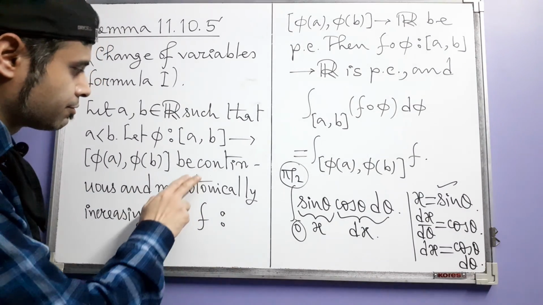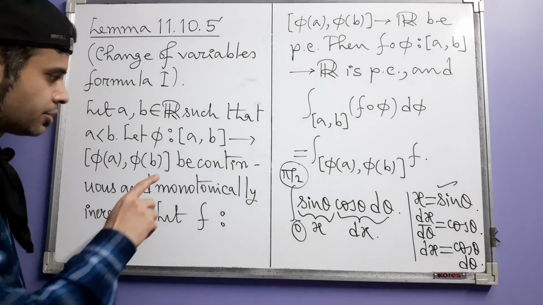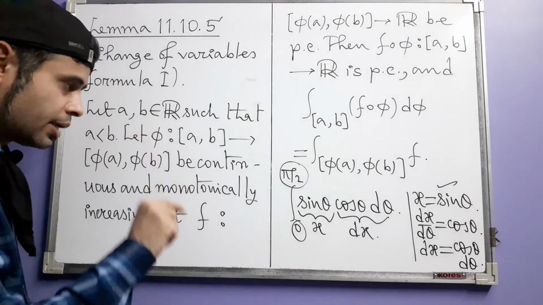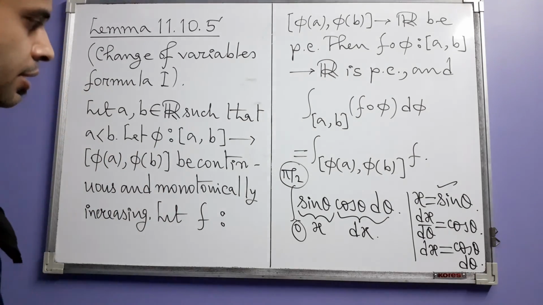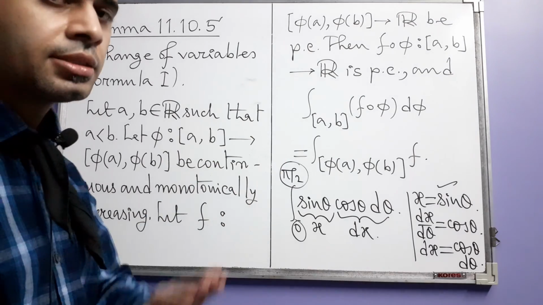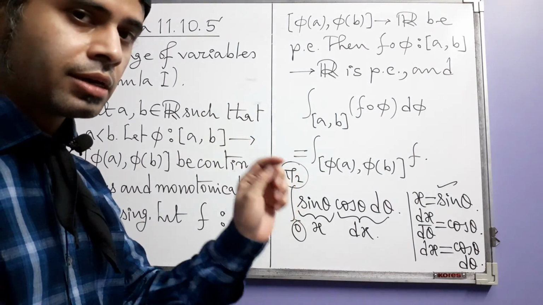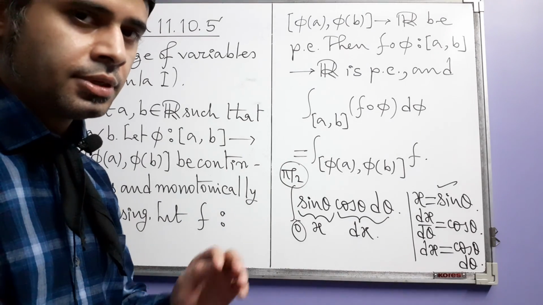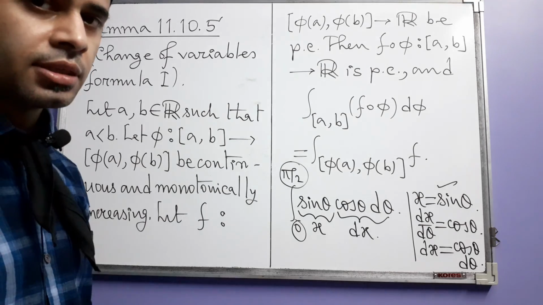The fact that phi is continuous and monotonically increasing ensures that the image set of phi is going to look like this. If you are wondering where this is coming from, it is the last result on intermediate value property in the chapter on continuous functions, corollary 974.